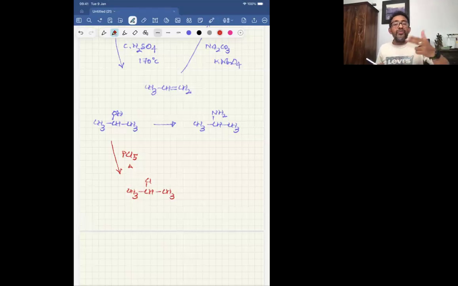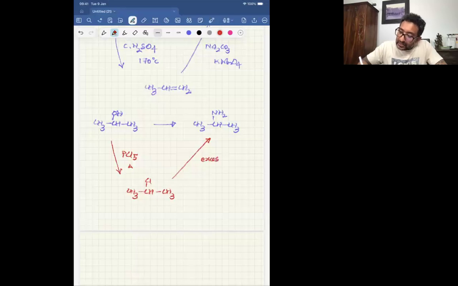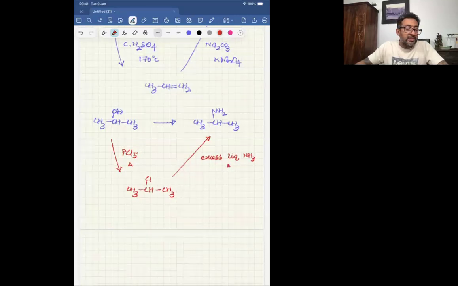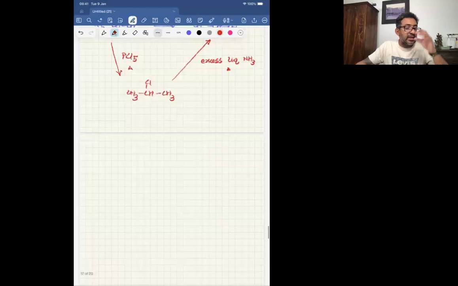What is that? It's a nucleophilic substitution reaction, PCl5 reaction. And then you add excess liquid ammonia, not aqueous, excess liquid ammonia. Aqueous ammonia, if you add, it has hydroxide, so hydroxide has a possibility of attack, right? Liquid ammonia is the one that should react. Right? I did not write it. Right?